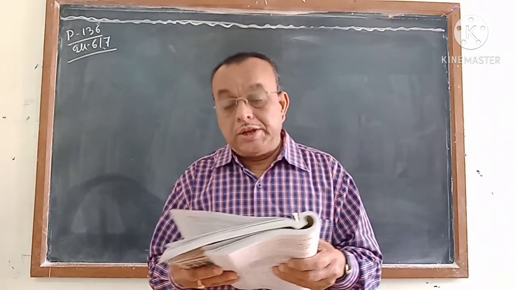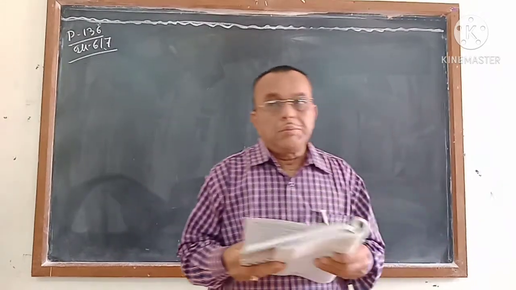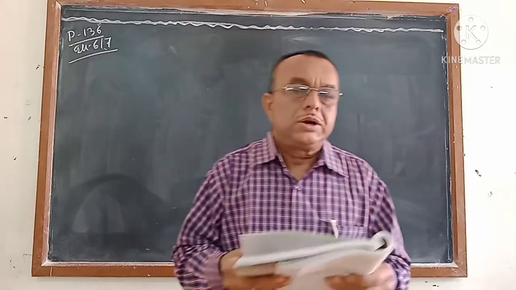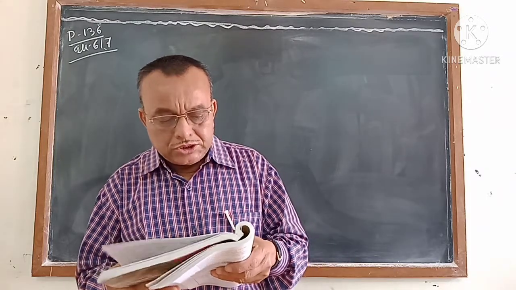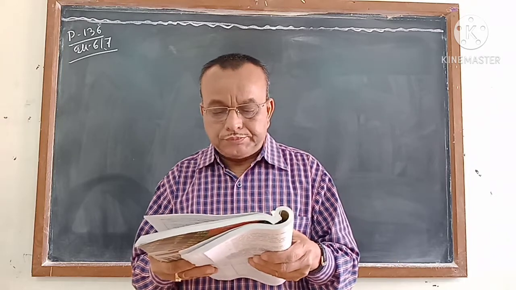Those numbers are 10, 11, 12, 13, 14. Once again, the number, the order and the name you should remember, nothing else. Only this much is enough for this chapter. Current assets, number 2, that is 15, 16, 17, 18, 19, 20.